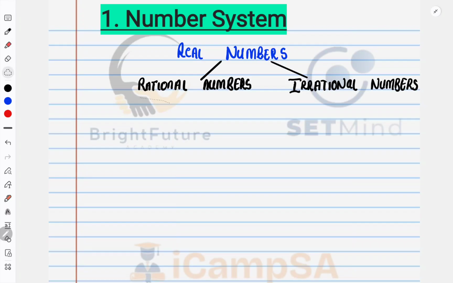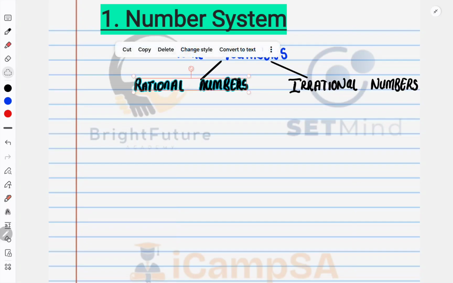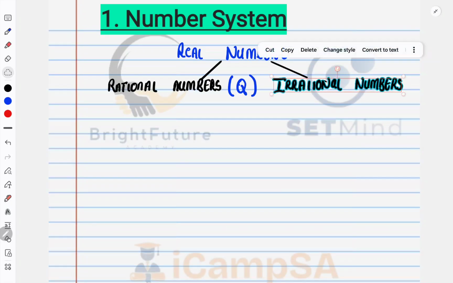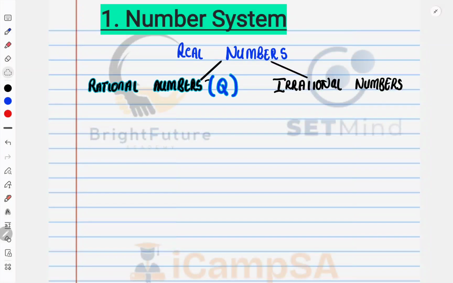For rational numbers, we have the symbol Q, and for irrational numbers, it's still the symbol Q, but with an apostrophe to represent the irrational numbers.